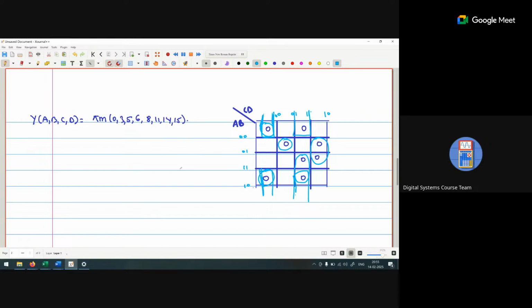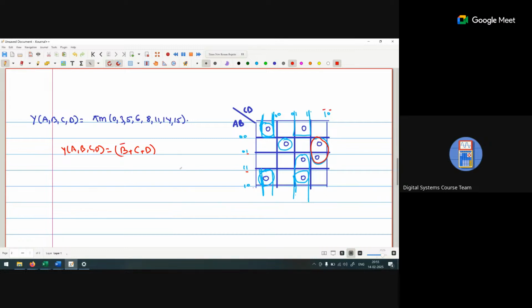Okay. So for the first group, B, C, and D, three variables are there. The value of B is 1, value of C is 1, and D is 0.